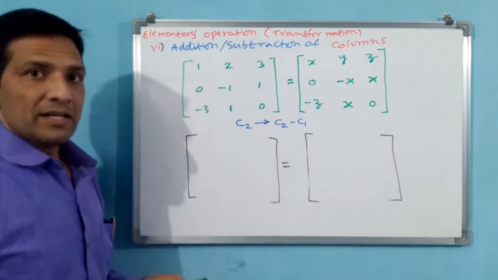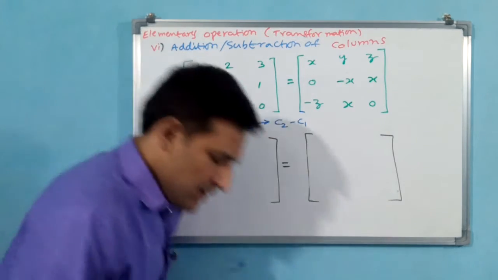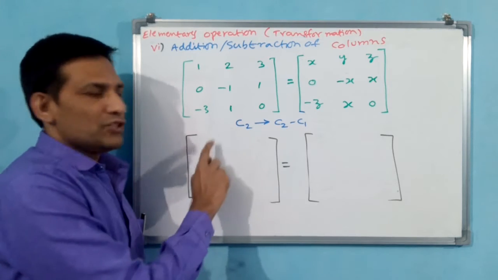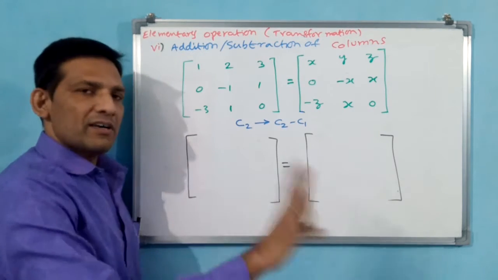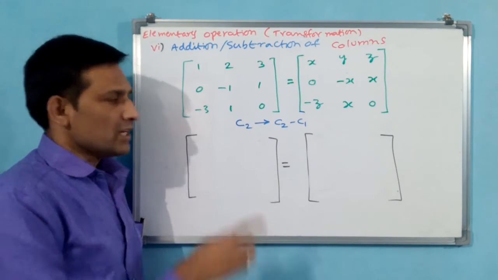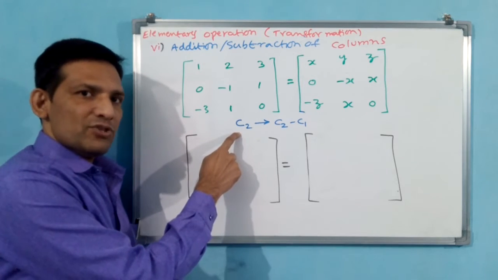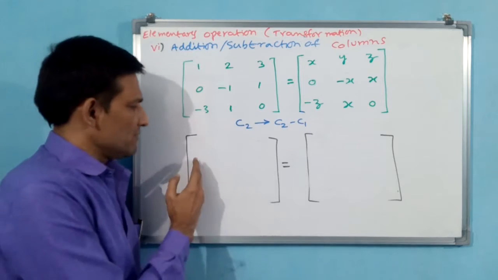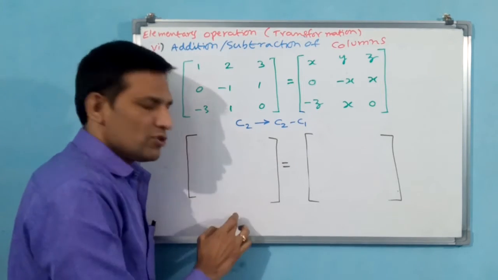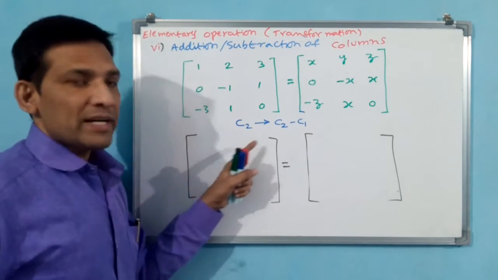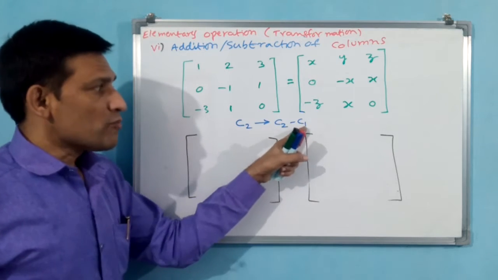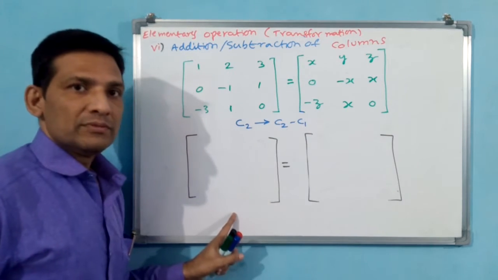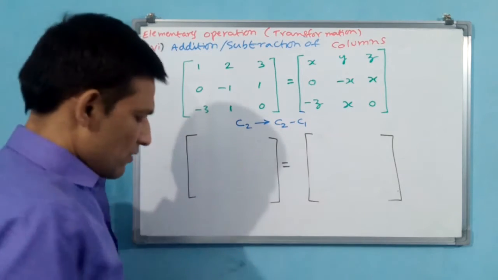Subtraction. Okay. Now where is the change occurring? The change is occurring in C2 only. C1 and C3 are intact, you have to write them as they are. Only C2 you are changing. What change are you getting in C2? C2 minus C1, you are doing subtraction and writing in C2. Okay. But both sides you have to do.